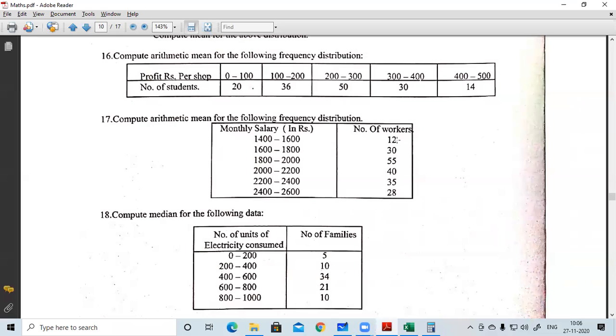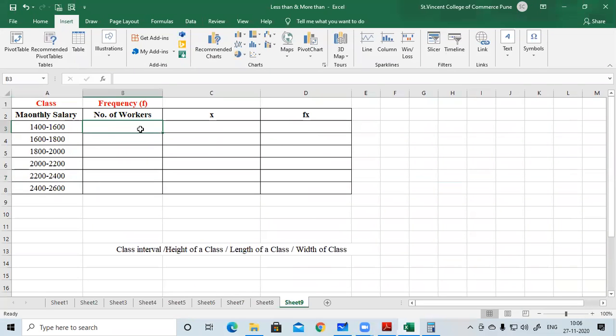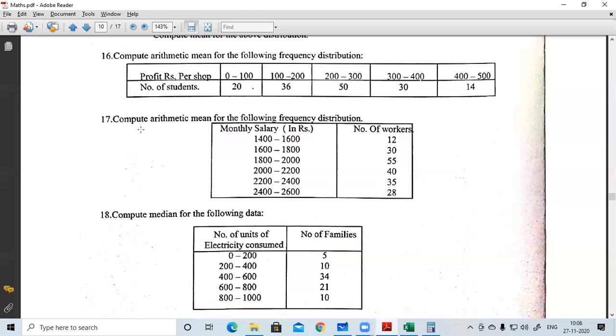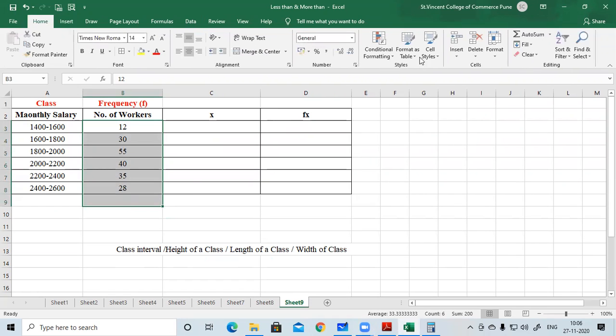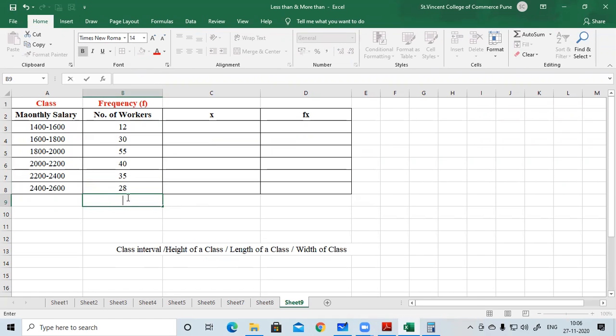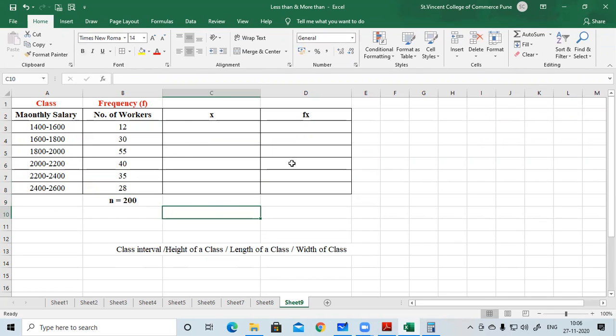Now let's see the frequency: 12, 30, 55, 40, 35, 28. Now, the moment you get this frequency, the best thing to do is immediately do the totals, which will be your n. So n will equal 200.